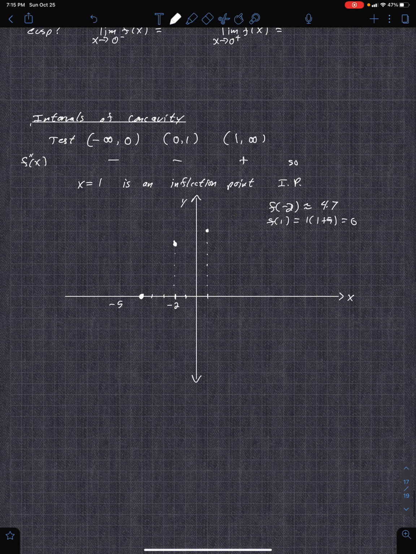For the function f, the limit of f of x as x approaches infinity is infinity. It just takes off and keeps going. We think there's a cusp here, so we'll make that like a cusp, and then it maybe does something like that. So there's your inflection point.